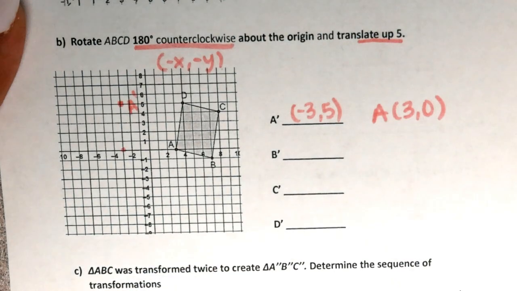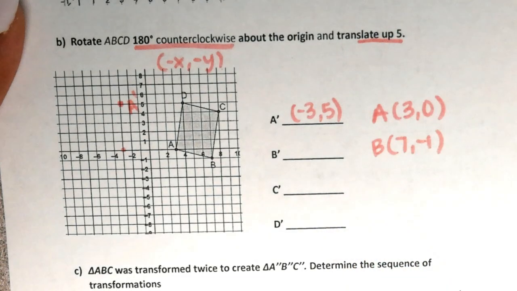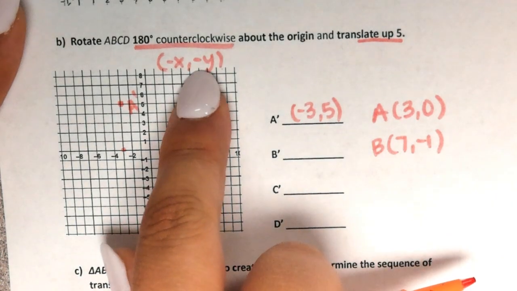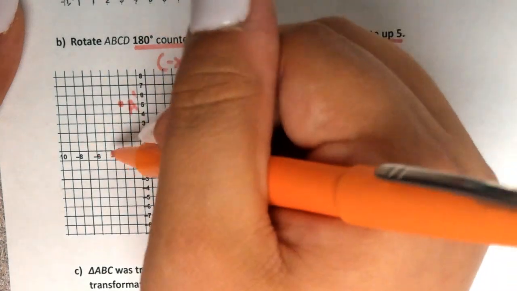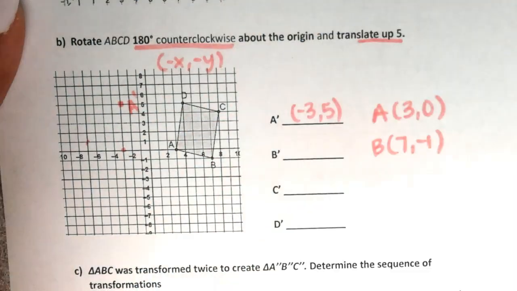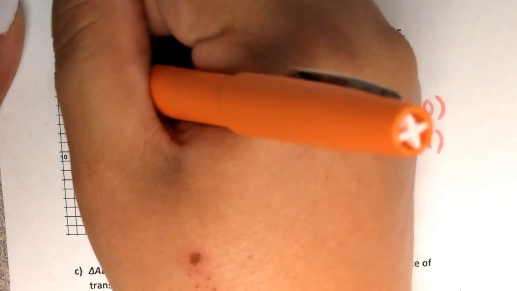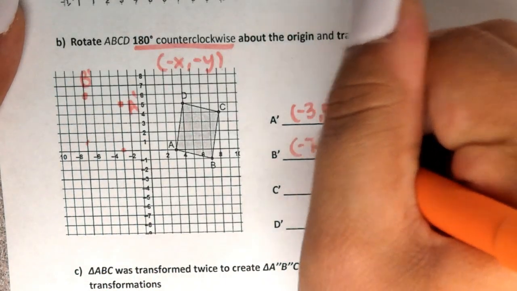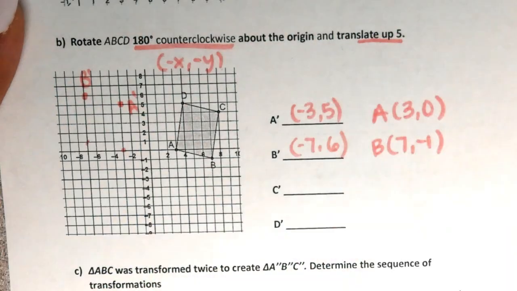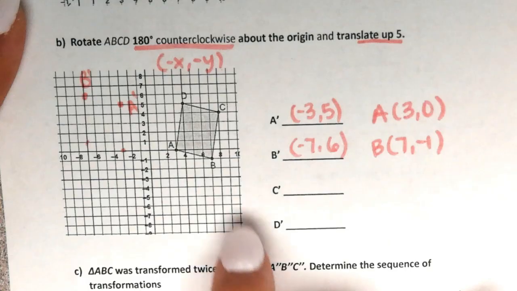For B, where is B at? (7, -1). So if I do negative x, negative y to that, (-7, 1). And then go up 5, where do you end up? (-7, 6). Because I was at (-7, 1), go up 5, you end up at 6.